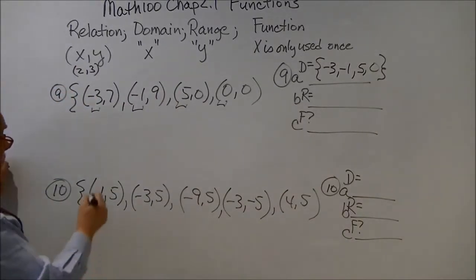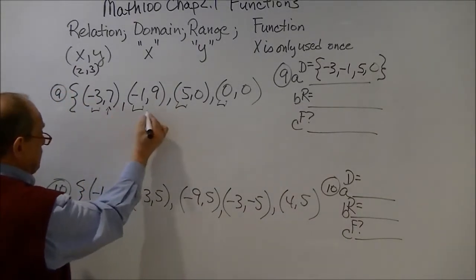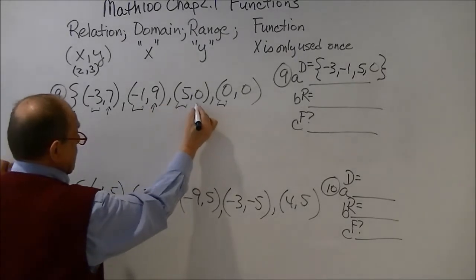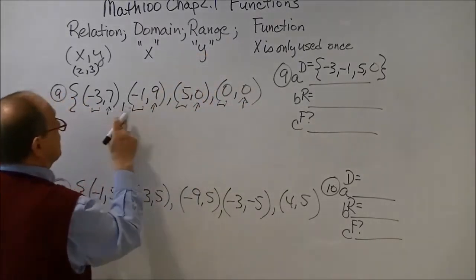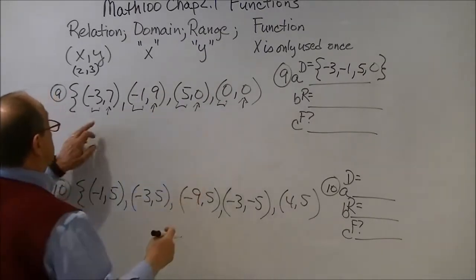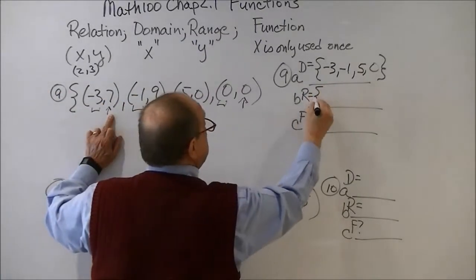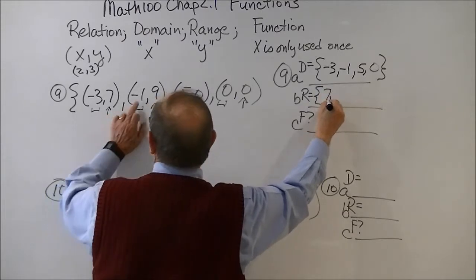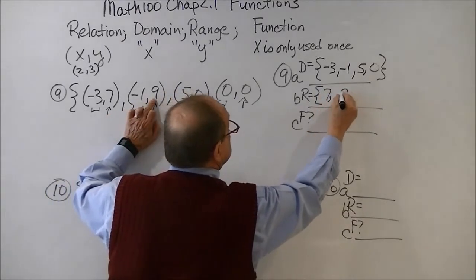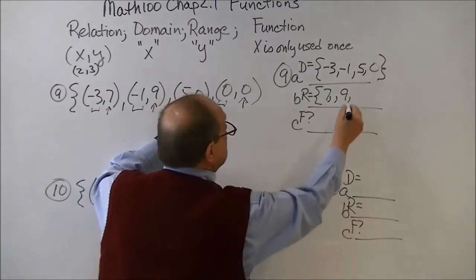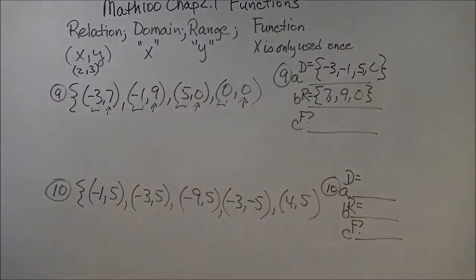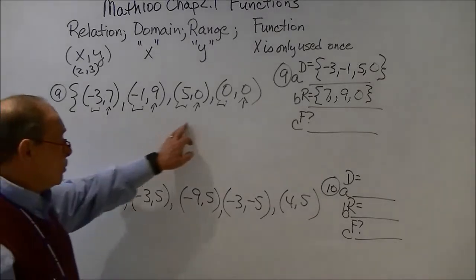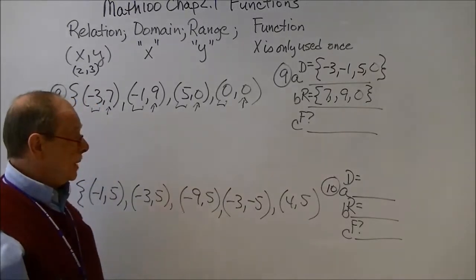And for the range, we're just going to list the y values of our ordered pair. So this would be a 7, a 9, a 0, and if an item is repeated, we only write it once, so we don't write 2 zeros there.